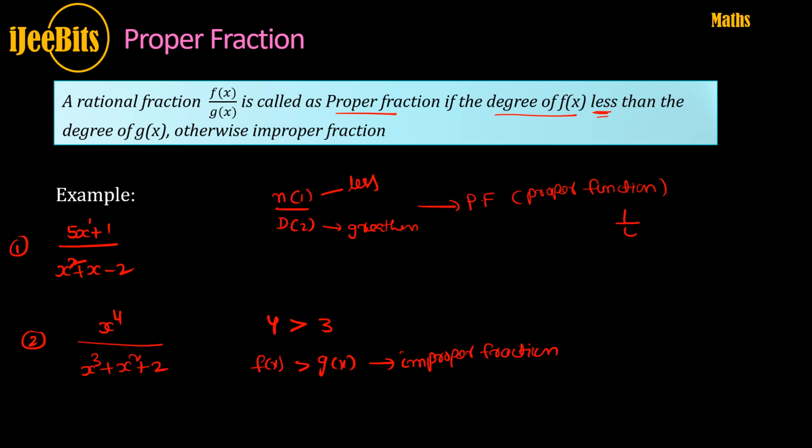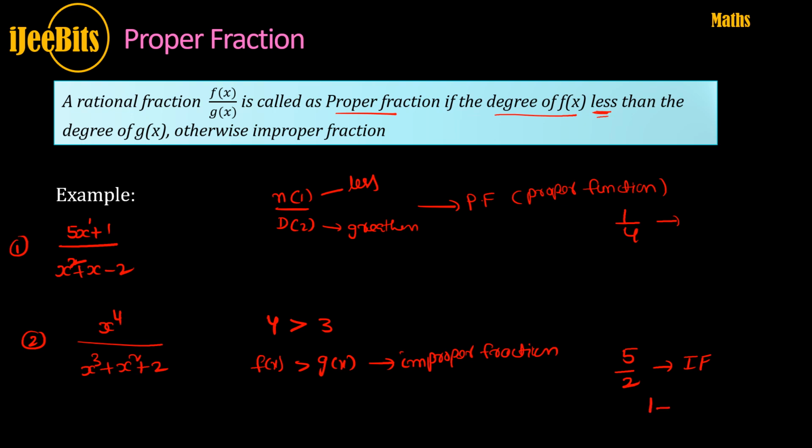I think we talk about this in simple terms too. 1 by 4 is a proper fraction, whereas 5 by 2 is an improper fraction. 1 by 4 is proper because out of 4 parts you got 1. In the case of 5 by 2, when you divide, what happens?